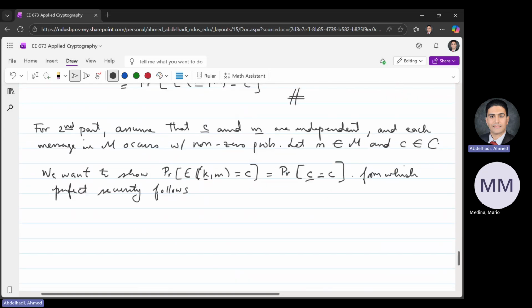Okay, given. So now I have information that we have non-zero probability. So given that the probability of M equal to M is non-zero, we said that there is no message that has zero probability.